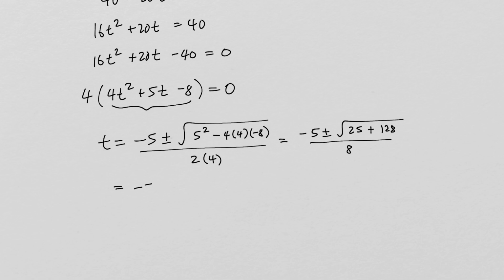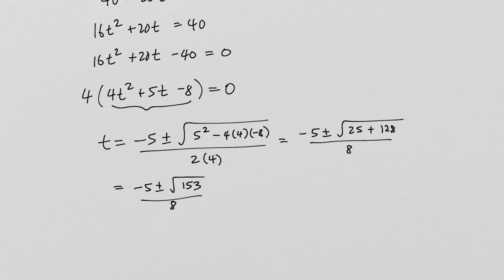Let's keep going. We have negative 5 plus or minus the square root of 25 plus 128 is 153, divided by 8.